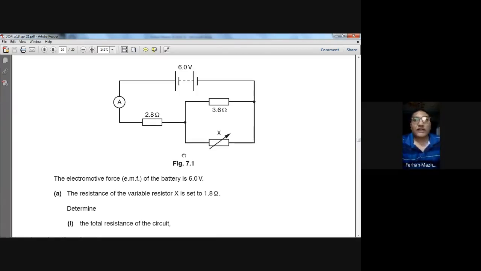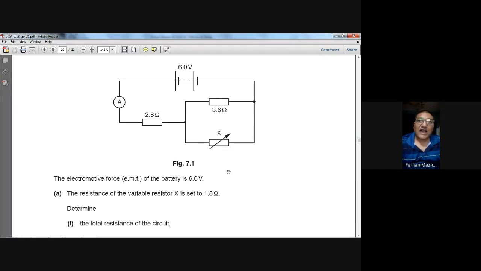So first of all, 3.6 ohm and 1.8 ohm are connected parallel to each other. I will find their equivalent resistance. They are parallel, so 1 by R equivalent is equal to 1 by 3.6 plus 1 by 1.8. I will get the R equivalent.